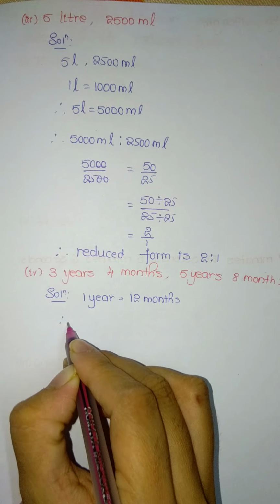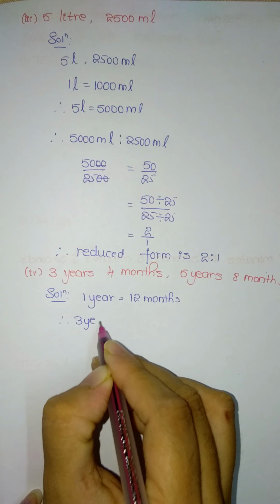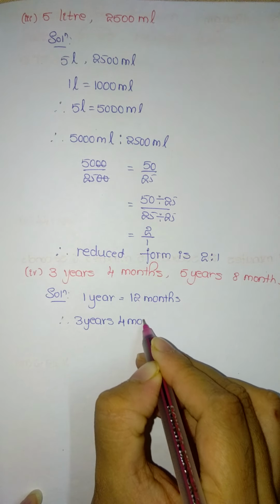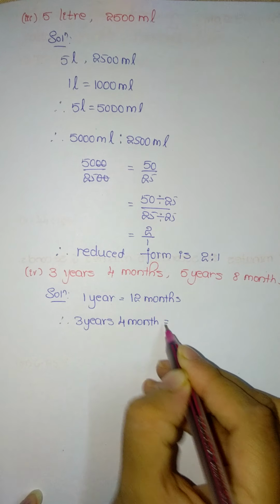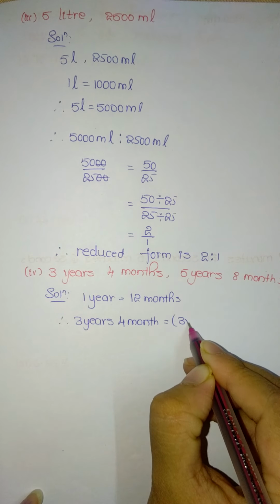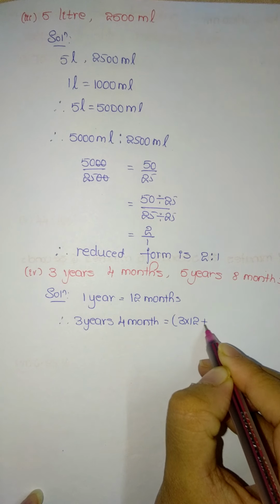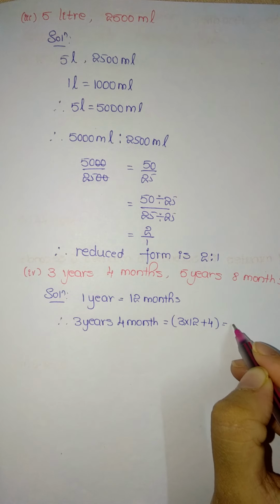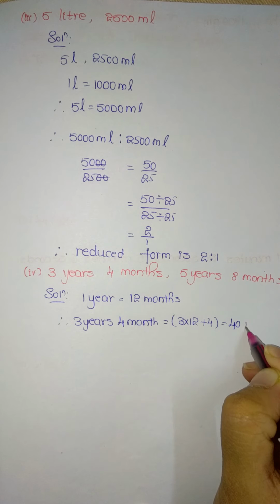Therefore 3 years 4 months equal to 3 into 12 plus 4; 3 12s are 36, 36 plus 4 equal to 40 months.